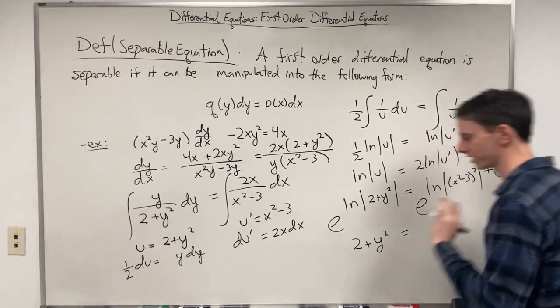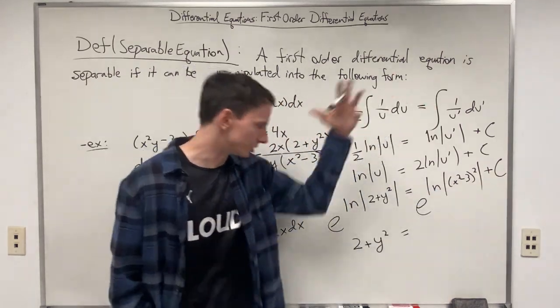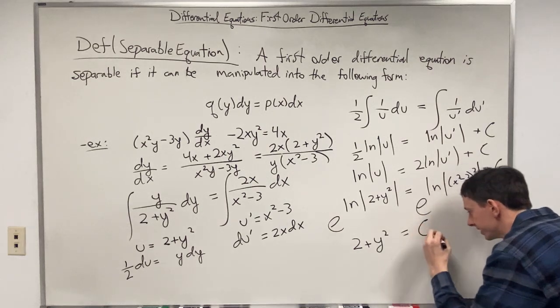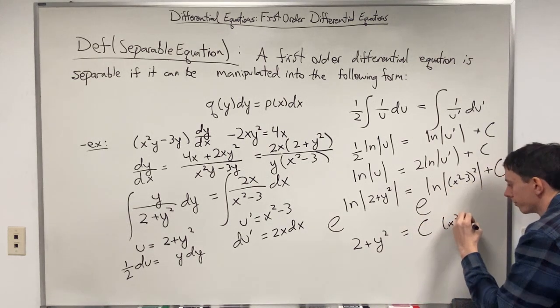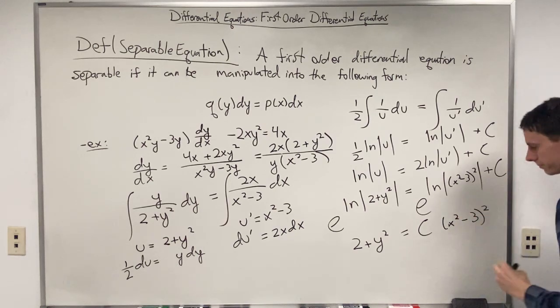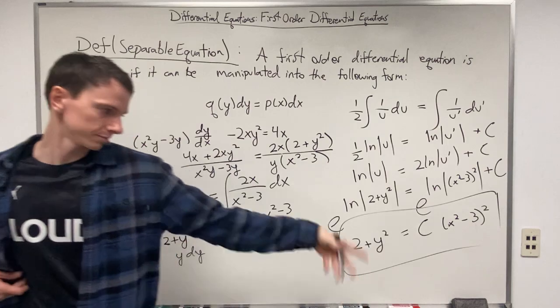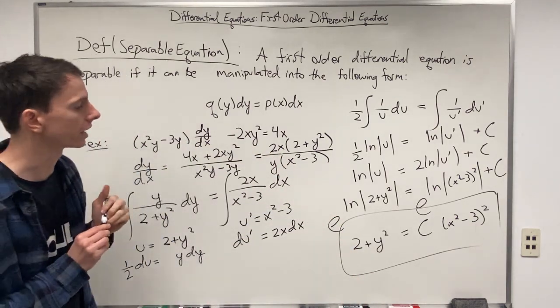times e raised to a constant c, which you can just absorb again into some constant c times this term right here, x squared minus 3 quantity squared. And even though this doesn't isolate y of x, hopefully it's just algebra for isolating y of x at that point.